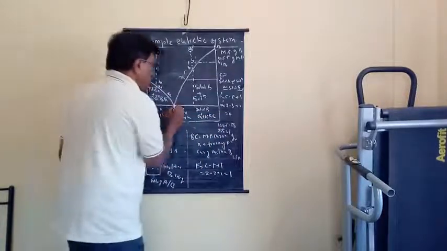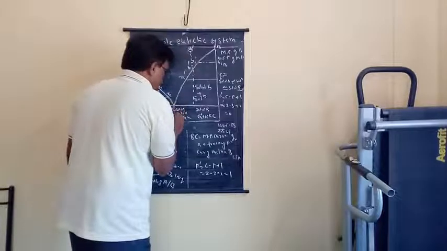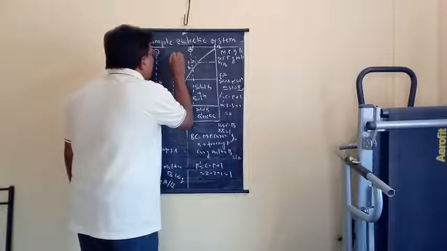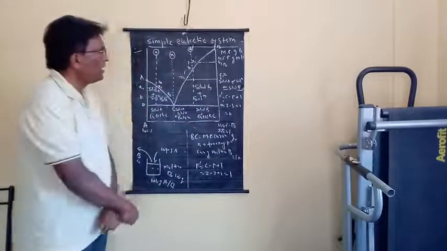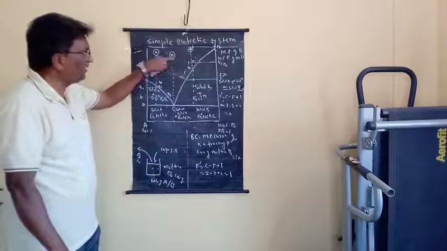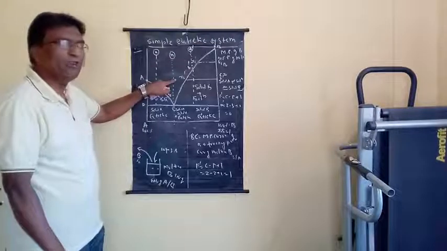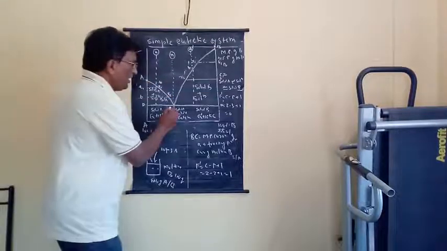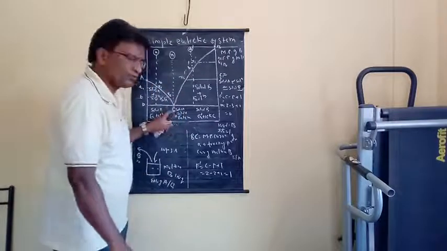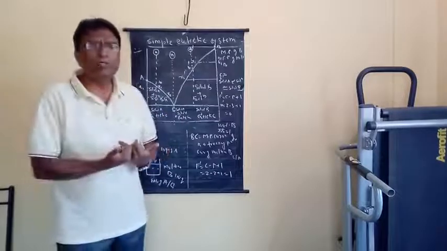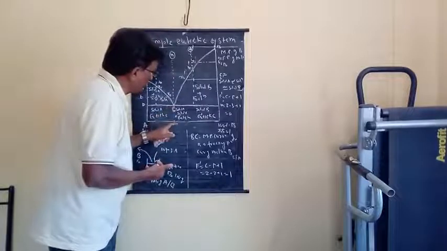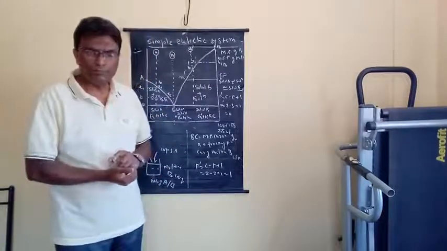Now if you consider the eutectic composition, that is M, if we cool this particular composition, then temperature will decrease without change in composition until point C is reached. As soon as point C is reached, both solid components A and B will separate out and remain in equilibrium with solution of fixed composition, that is eutectic composition.